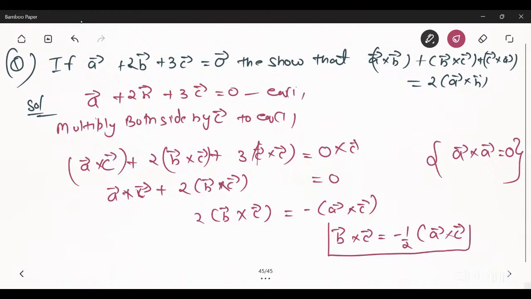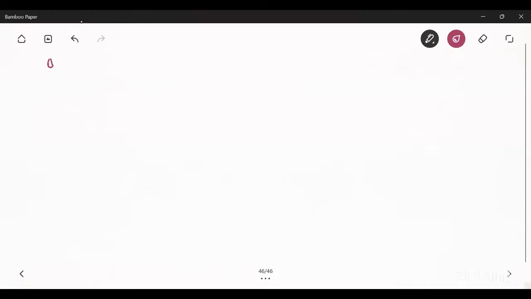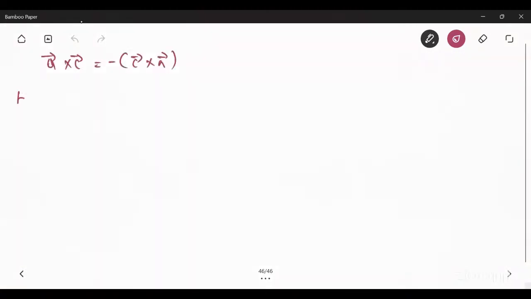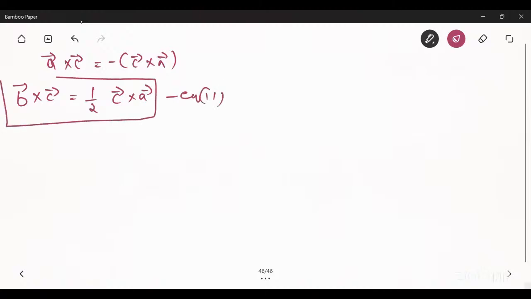So B cross C is equal to minus of half A cross C. And we can write A cross C as minus of C cross A. So B cross C is equal to half of C cross A. This is equation second.